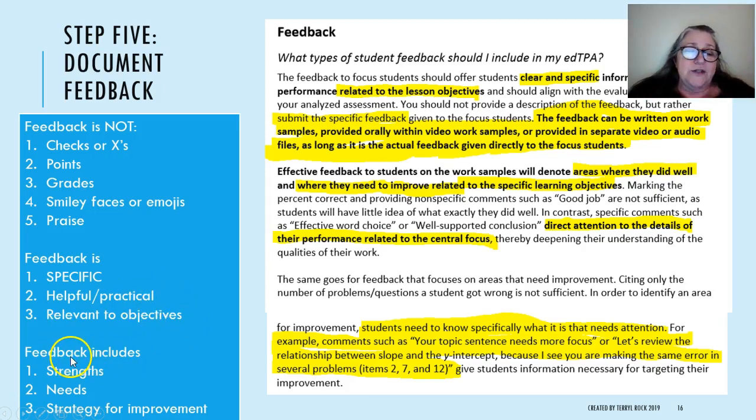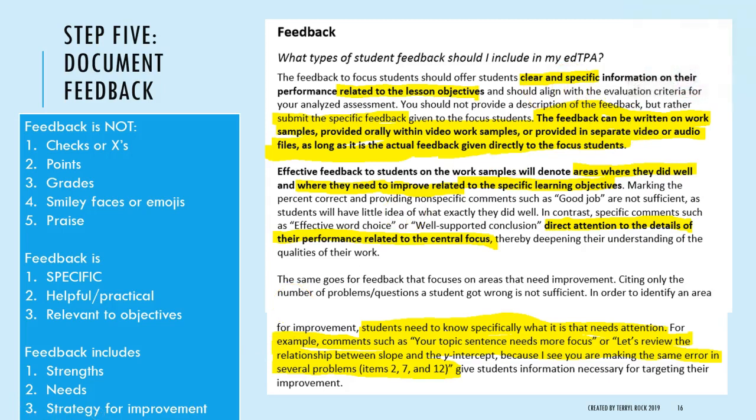So your feedback needs to include some commentary on their strengths that you noticed in relation to the objective of the lesson, and their needs. Again, what do they need to do? Sure, you can tell them till you're blue in the face that they need to pay attention. That's got nothing to do with the objective. And a strategy for improvement. So we want clear and specific information that's related to the objectives.